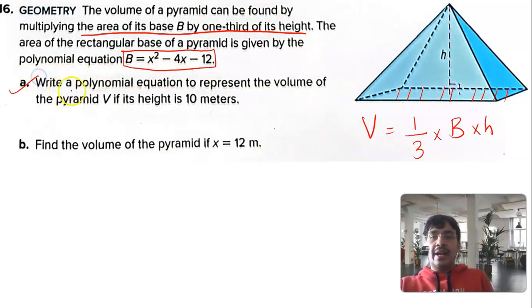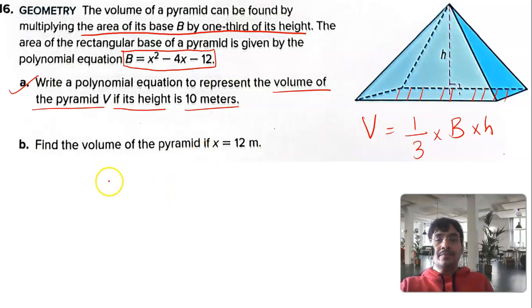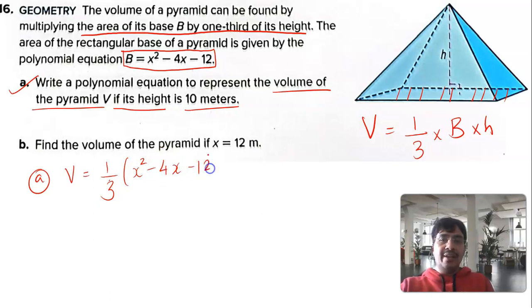First question, write a polynomial equation to represent the volume of the pyramid V if its height is 10 meters. So question A says you need to find the volume, which is 1/3 times the base, which is x squared minus 4x minus 12, and the height is given as 10 meters.